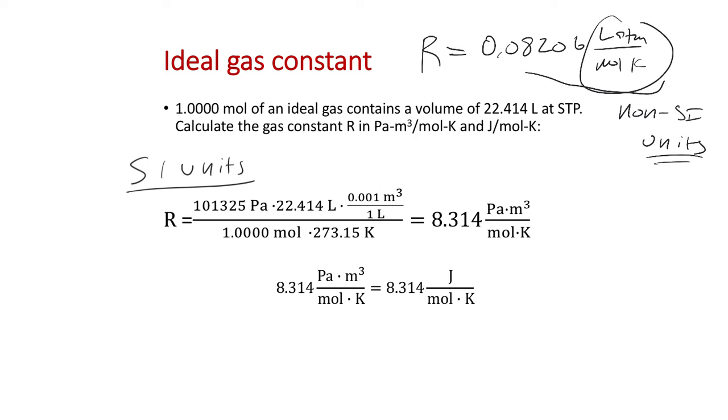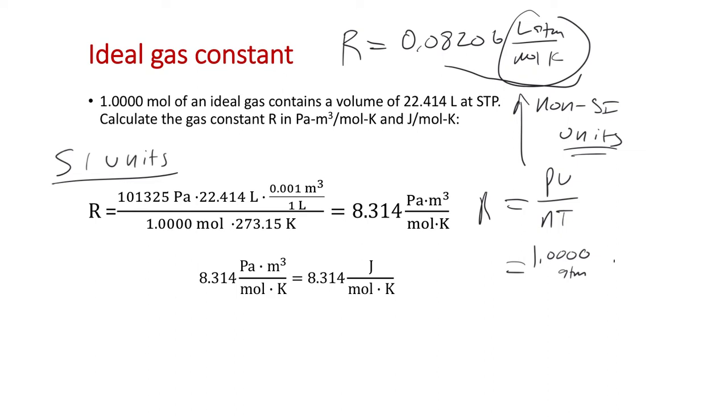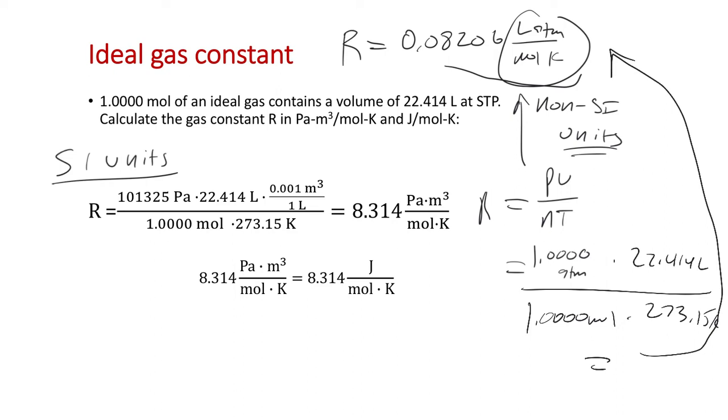So when we were solving for this, you might remember that we were plugging into this equation and setting our pressure to 1 atm, standard pressure. We were multiplying the volume, which was 22.414 liters, then dividing by 1 mole of gas, at the temperature 273.15 Kelvin. That was how we got the 0.08206 liter atmospheres per mole Kelvin.